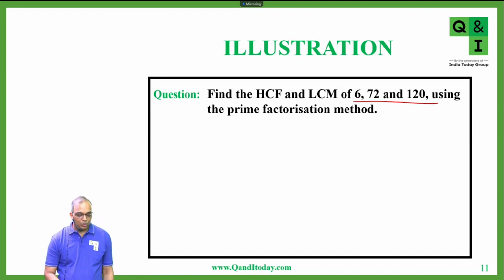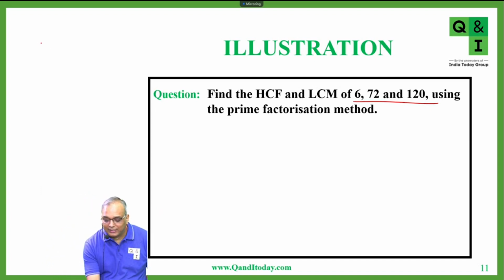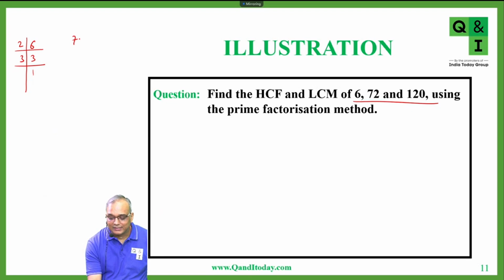Right? So what we are going to do is we are going to prime factorize each of these. So 6 is 2 and 3. 72 if you prime factorize, 2 times 36, 2 times 18, 2 times 9, 3 times 3 and 3 times 1.